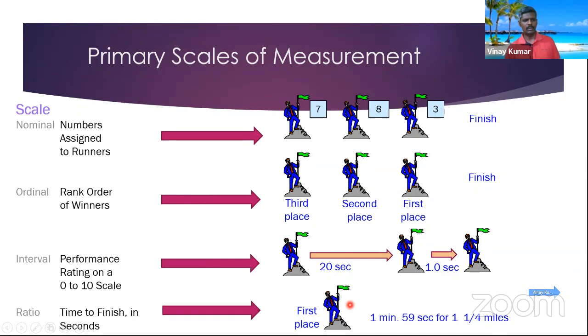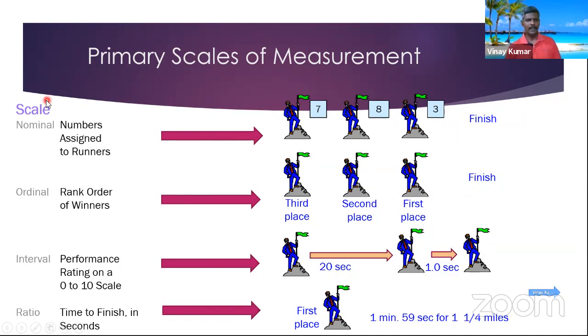So we are trying to convert it to ratio and try to understand accurately, exactly what is the time that he has taken to finish the race. So the ratio scale has all the properties of measurement. So this is one example to understand all these 4 scales with the example of these athletes.